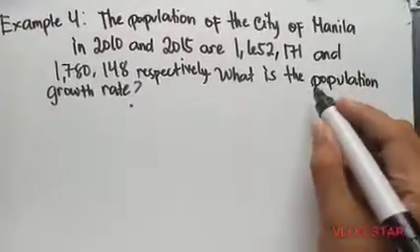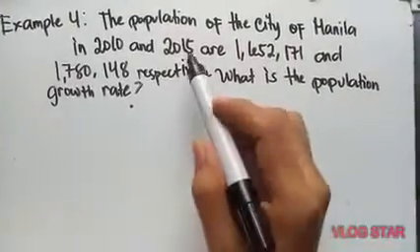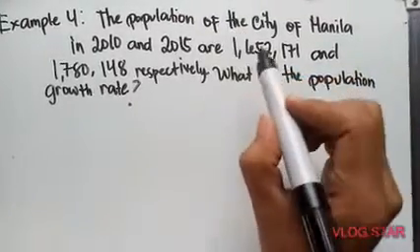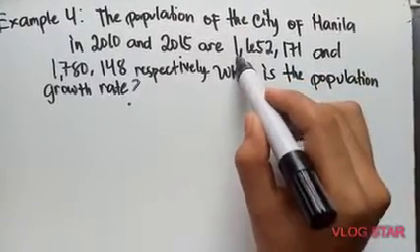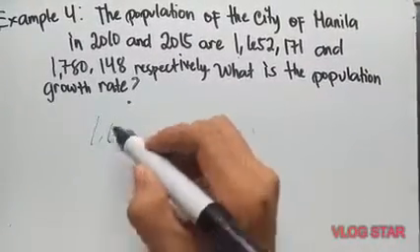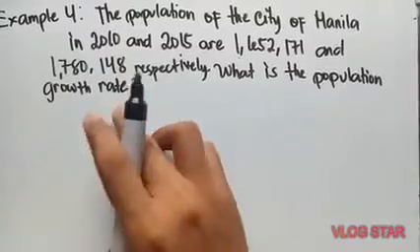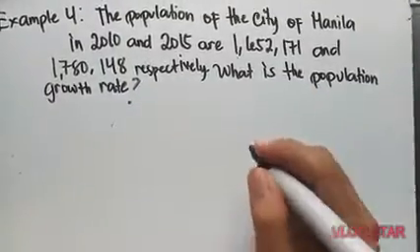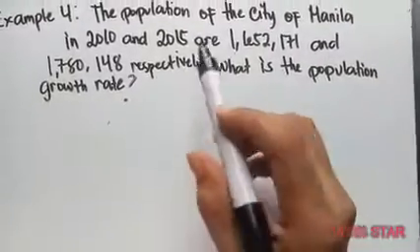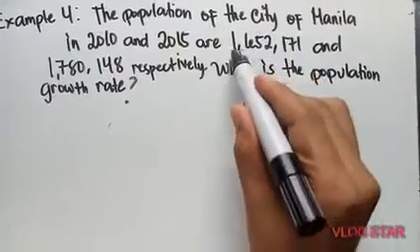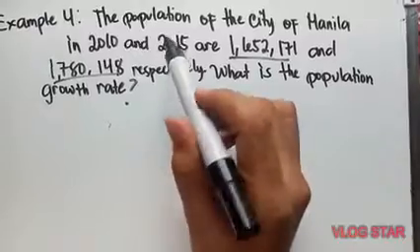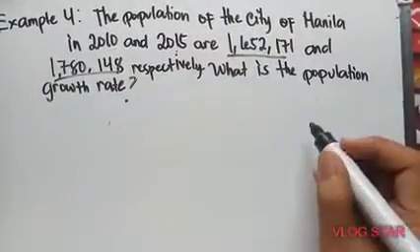To get the population growth rate, first you need to subtract, or get the difference between the original number and the new number, the population in 2015 and 2010.